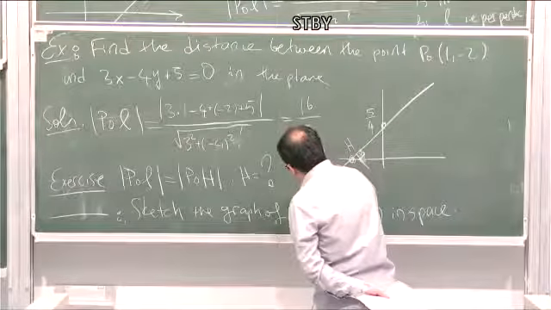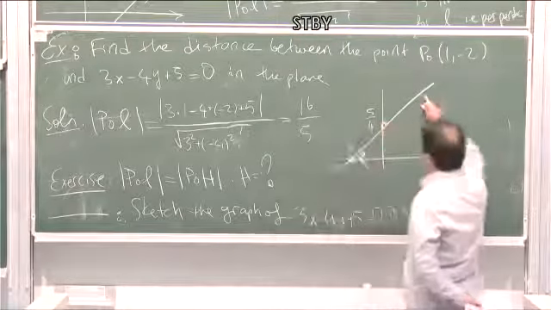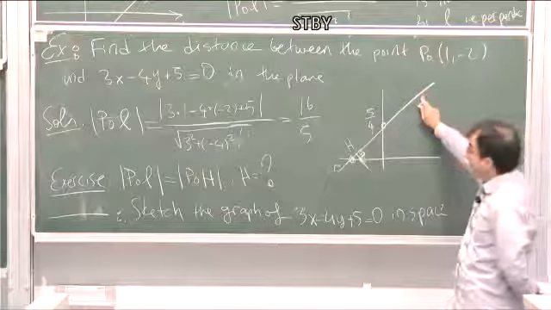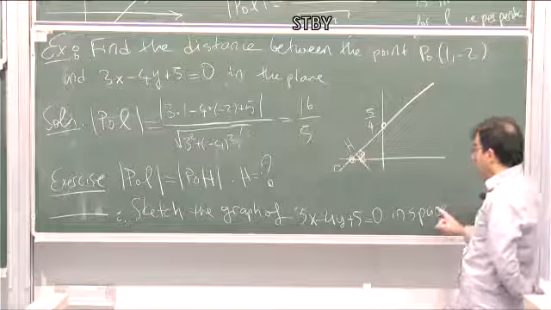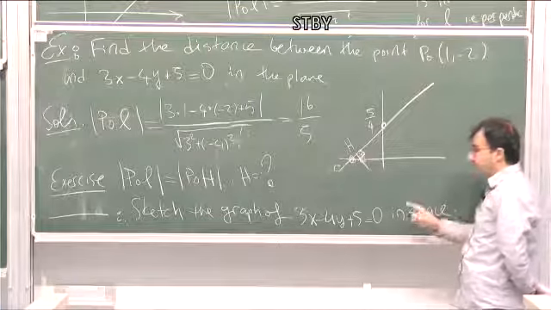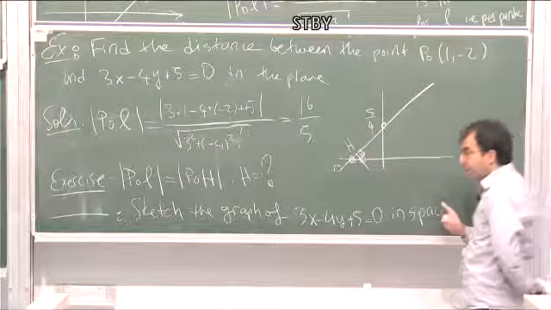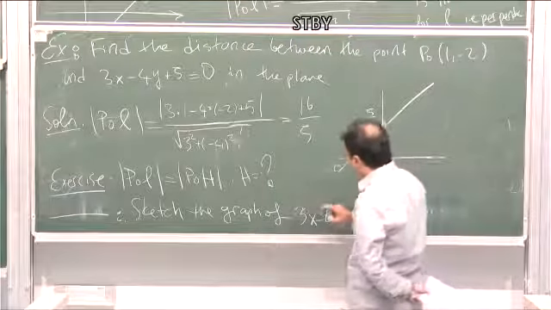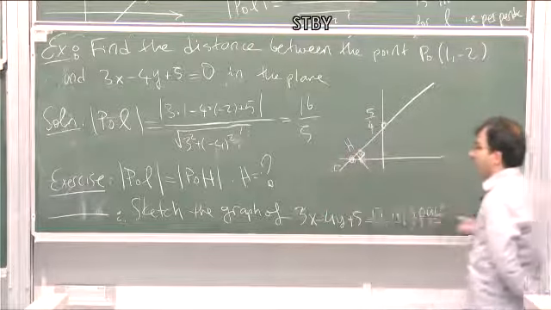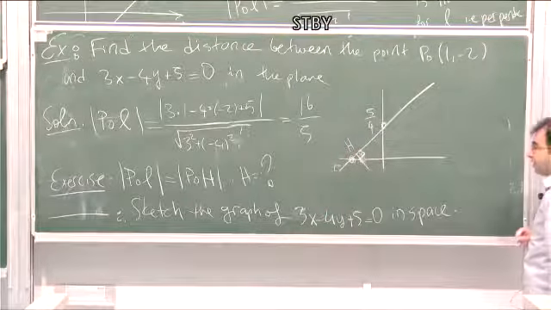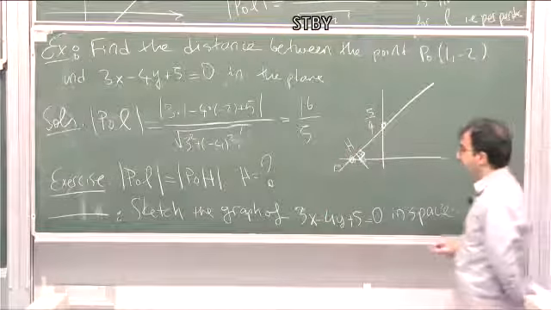If we consider it in the xy plane, it describes a line. However, if we consider it in space, so there is another coordinate z, then we know that this will describe a plane. So we should sketch the graph of this plane.